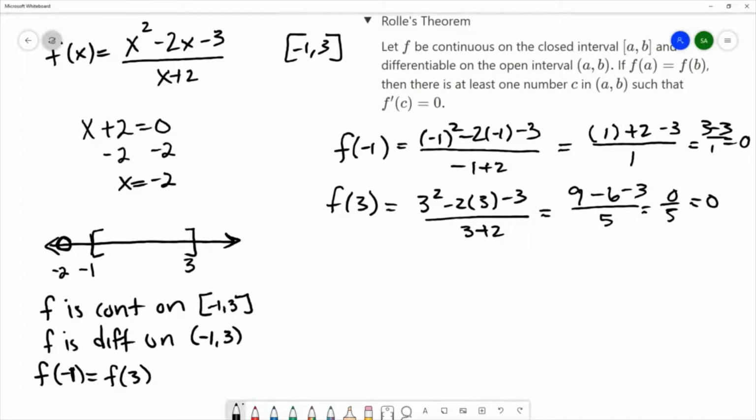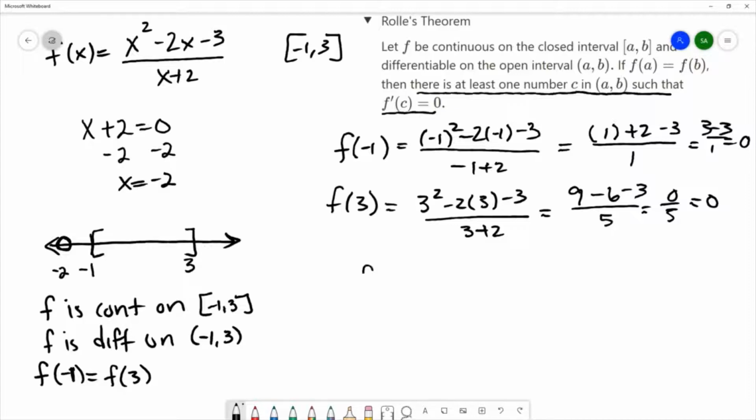So now that the conditions are met, I get to my conclusion. And the conclusion is that there is at least one value of c in (a, b) such that f prime at c equals 0. The directions in our problem say to find all values of c in the interval such that f prime of c equals 0.